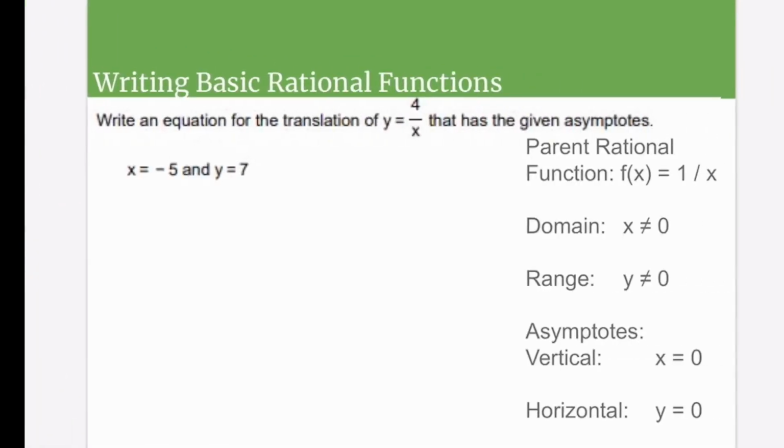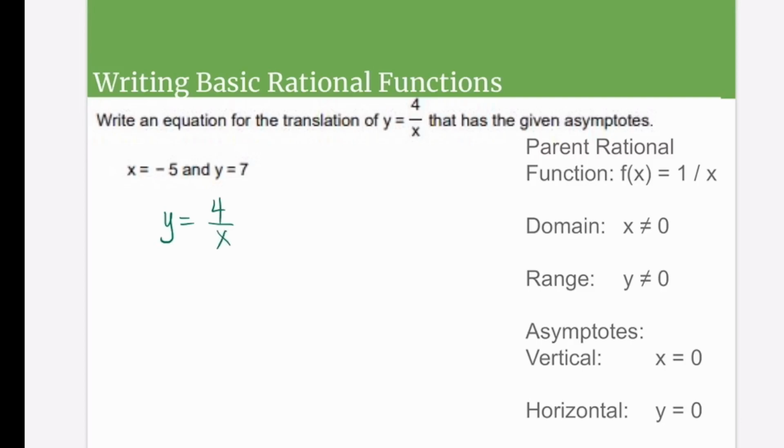So let's do one more. I know this video is a little long. So in this case, you're actually given the equation and you're going to write it based on the shifts. So you have an equation, y equals 4 over x.